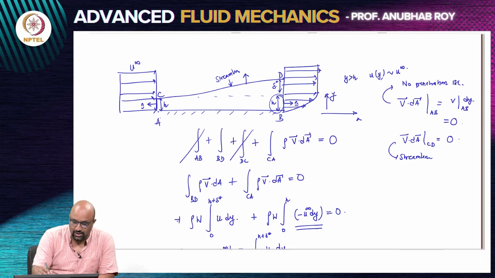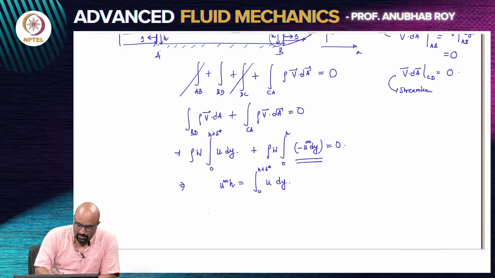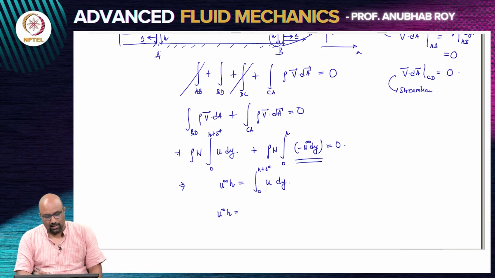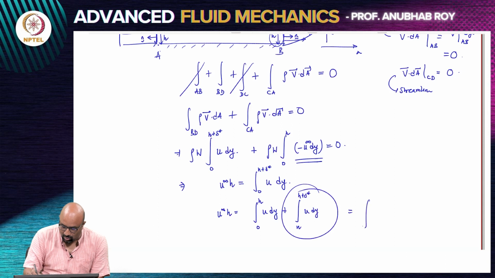Once you have chosen your h to be large enough, the value you are going to get would be the integral 0 to h of u dy plus the integral h to h plus delta star of u dy, which gives the integral 0 to h of u dy plus u infinity delta star.